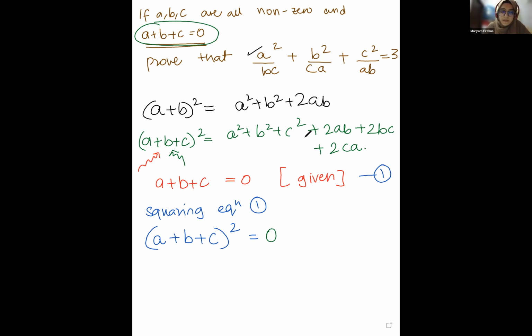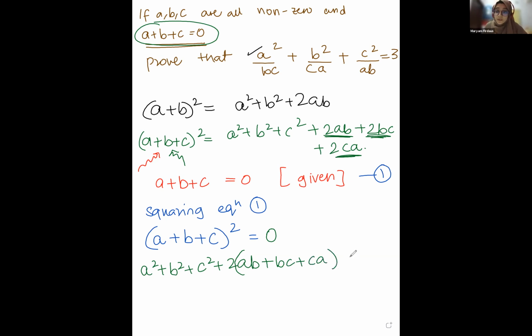Yes, ma'am. How can I expand this? Ma'am, A square plus B square plus C square plus 2AB plus 2BC plus 2CA. Okay. Can I take two common from here? Yes, ma'am. Okay. Let's do that.